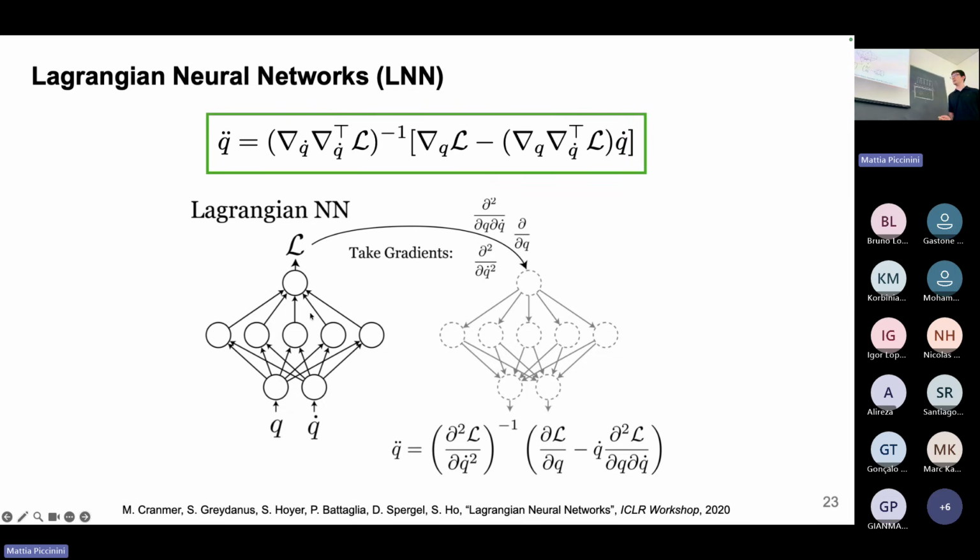So we have a very general purpose network, which can be an MLP, multilayer perceptron, to relate q and q dot with the Lagrangian, but then we plug the Lagrangian inside the Euler-Lagrange equation, and we compute q double dots.